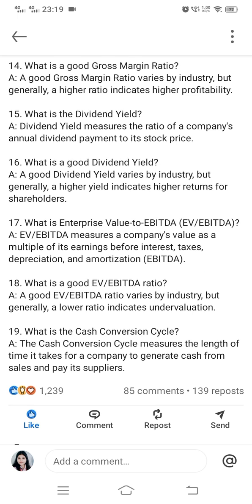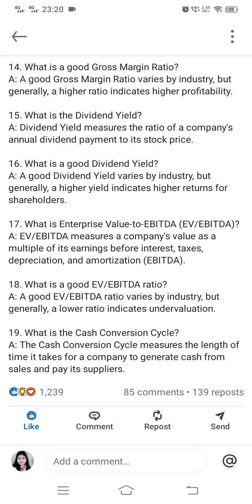If you know there are three types of it, and if you know there are notes to accounts as well, please tell them that you know this as well, and explain why you think this is also important. So be confident while giving the interview, and always read the respective company's finances, like their annual statement, and that will be really helpful, and they will know that you are really interested in this role.